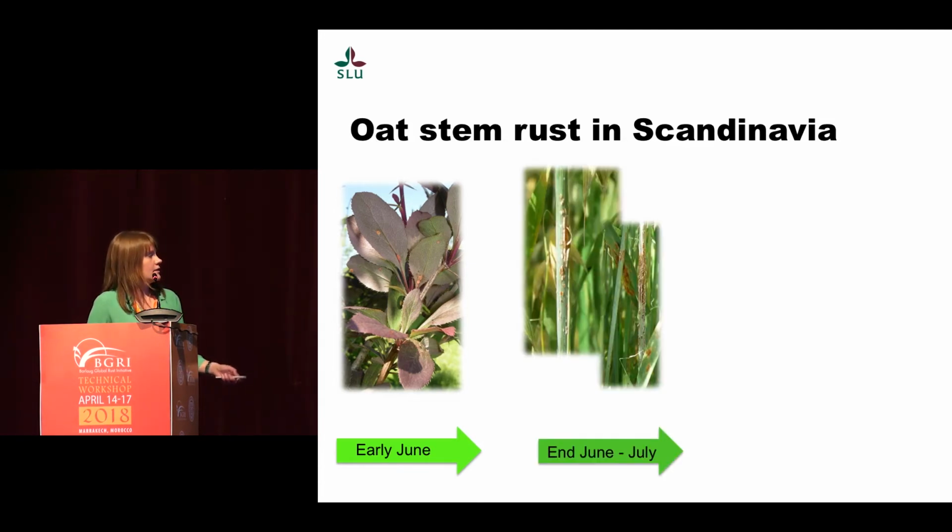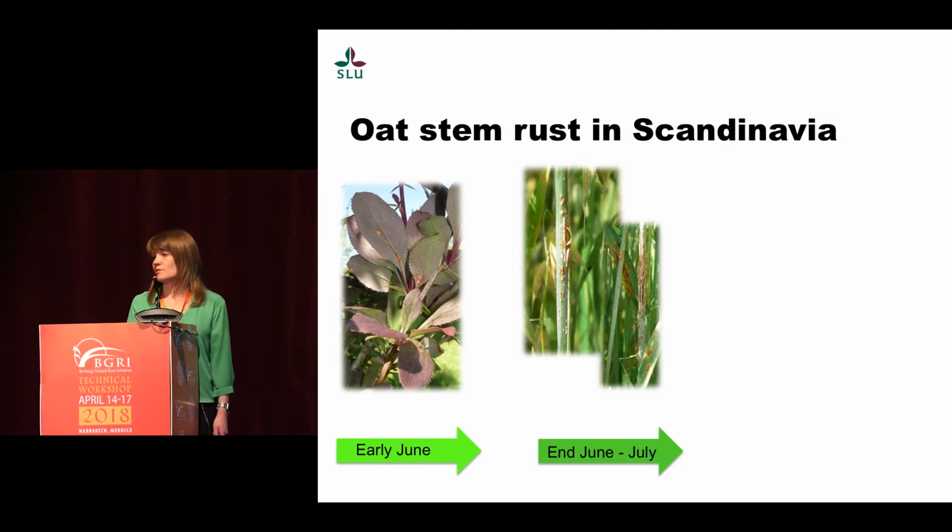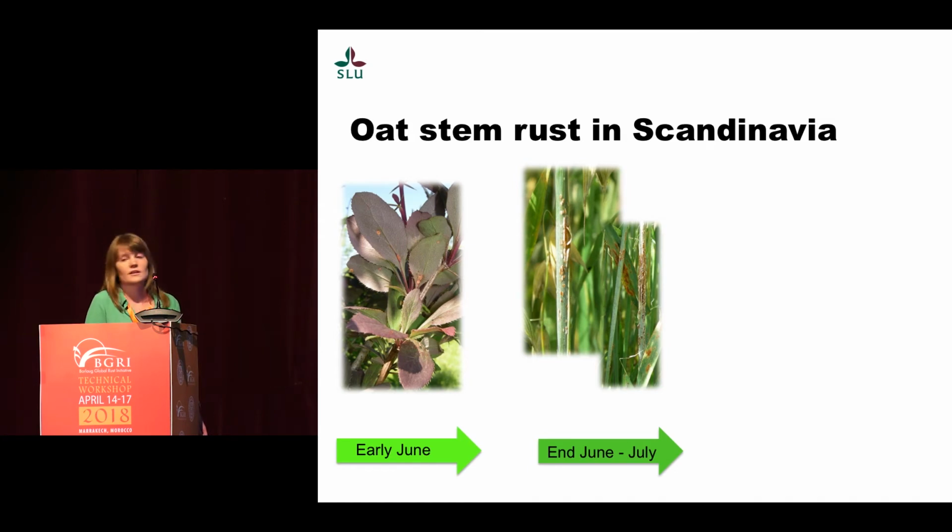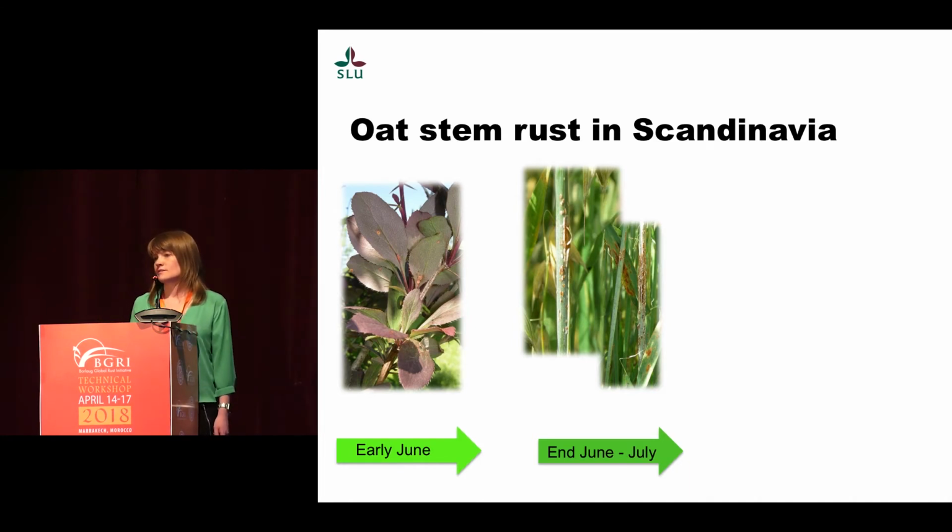The first symptoms of stem rust on oats are usually found at the end of June or the beginning of July. But the really heavy infections are usually found after mid-July, when the crop is after heading and flowering.